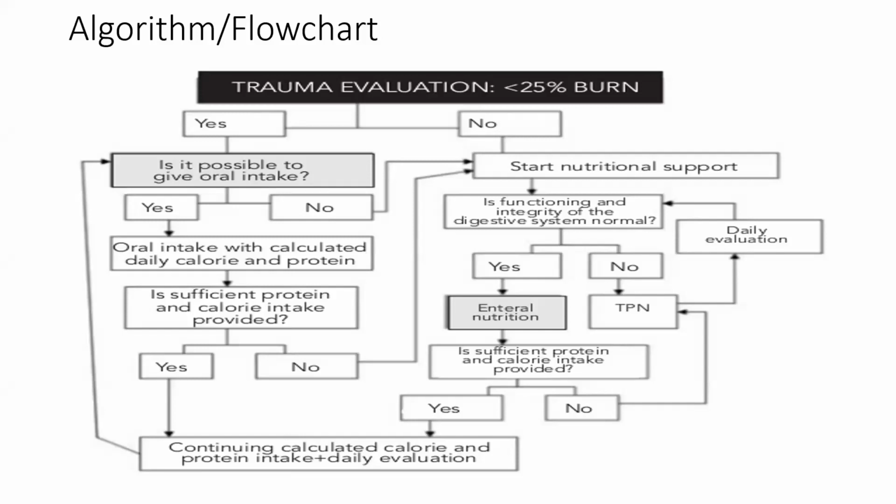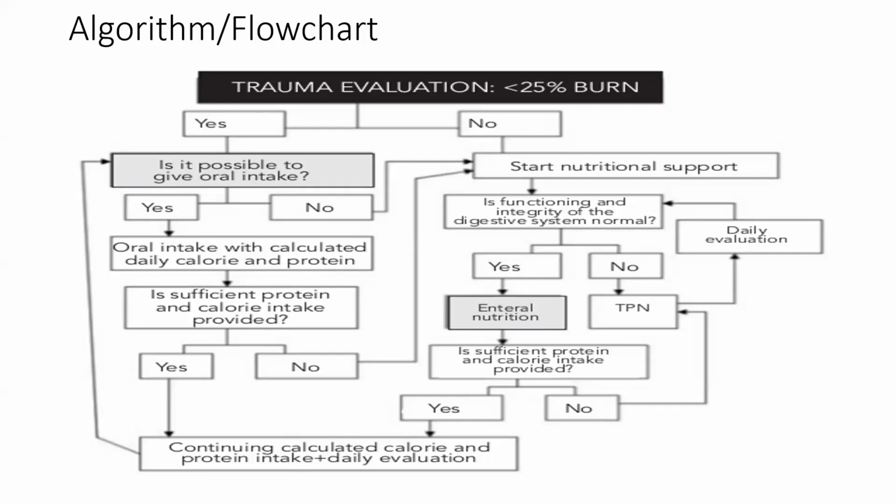If the patient has less than 25% and the answer is yes, then the next assessment is whether it is possible to give oral feeding. It helps you decide on the mode of feeding for this particular patient. If above 25%, the answer will be no, which means that, given the severity of the burn, if you try to feed orally there will be challenges in achieving that.